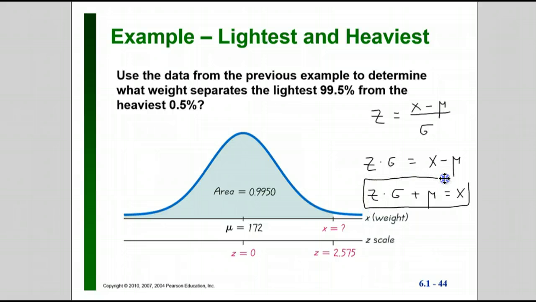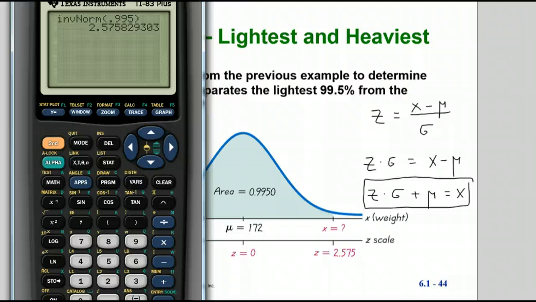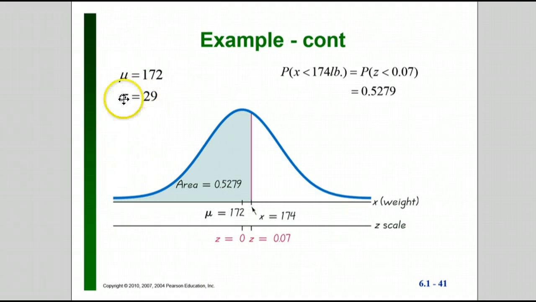So what this is saying is, to find x, the thing that we're looking for, I can take that z-score of 2.575 and multiply it by the standard deviation, which was 29, if you recall back to what we were doing before.